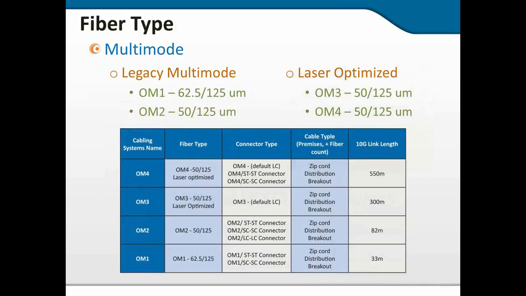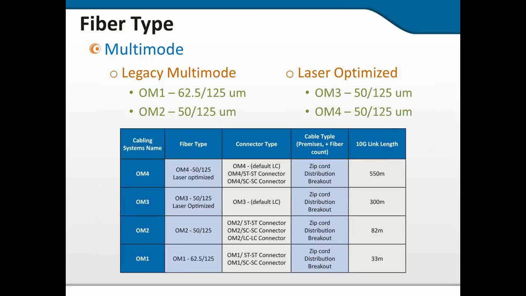Okay, so in the fiber types of multi-mode, we've got the old legacy multi-mode, the OM1 and OM2. OM1 is that 62.5 micron core. OM2 is the 50 micron core. And as you can see from the chart, OM1 and OM2 have very short ranges at 10 gig.